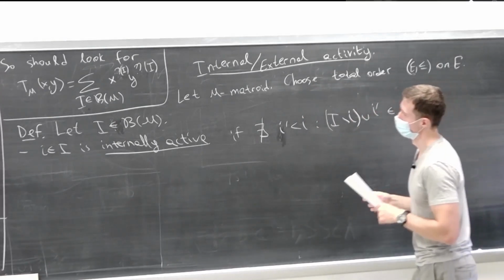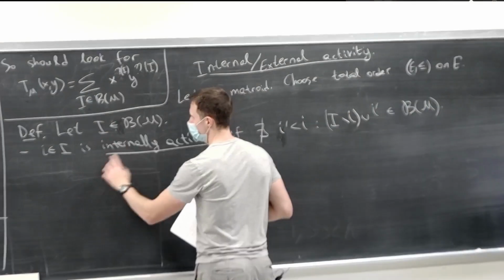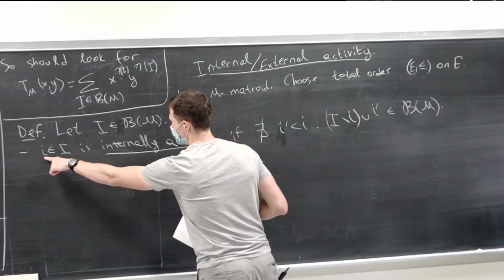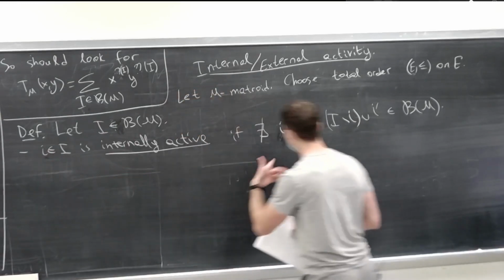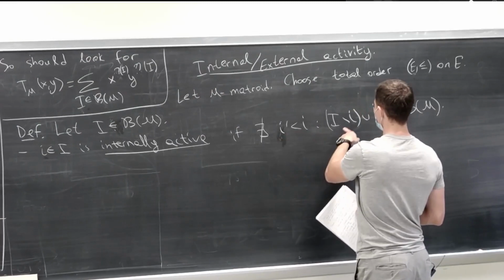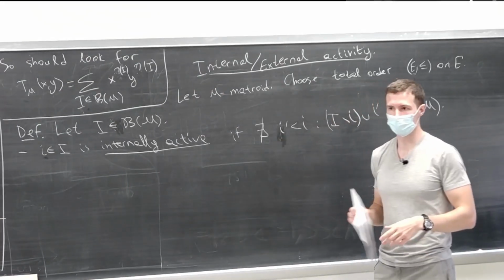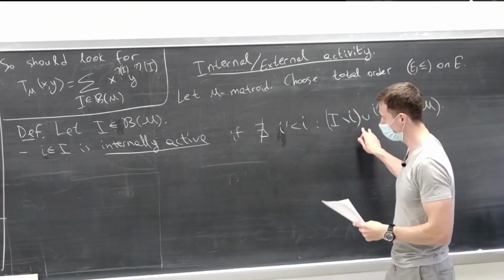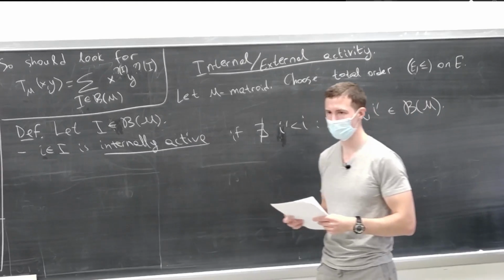So you look through the elements of your basis and for each one you check: can I replace it with something smaller and still get a basis? If the answer is yes, then it's not internally active.